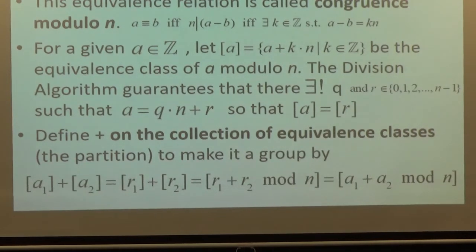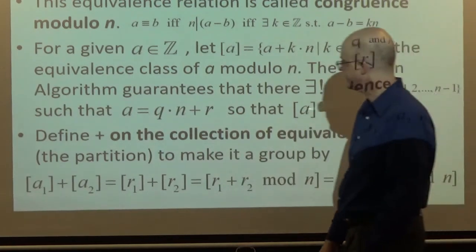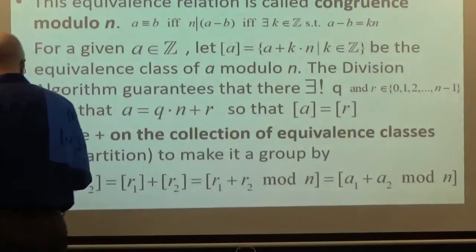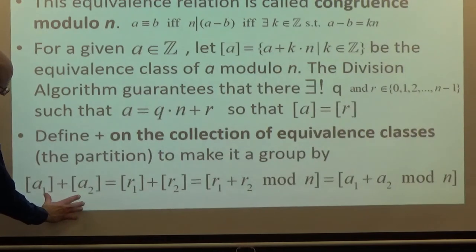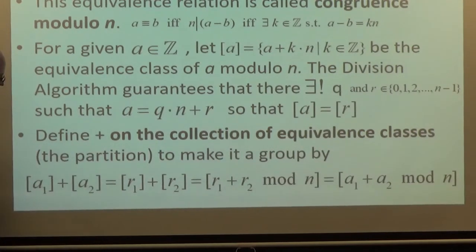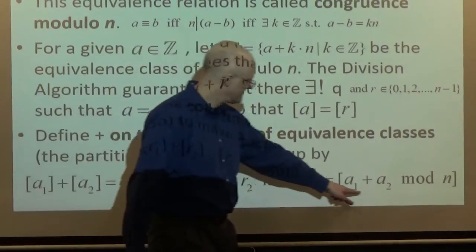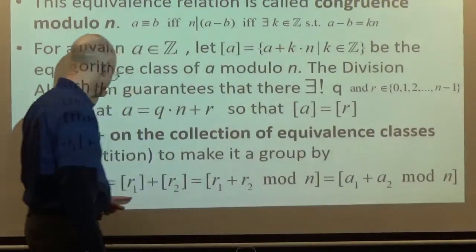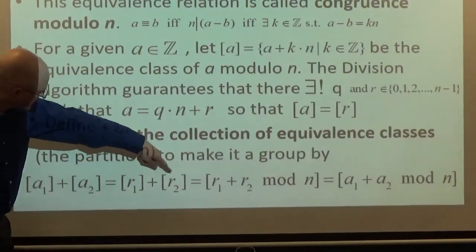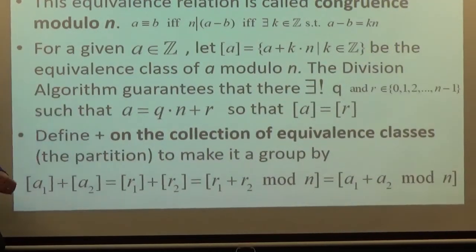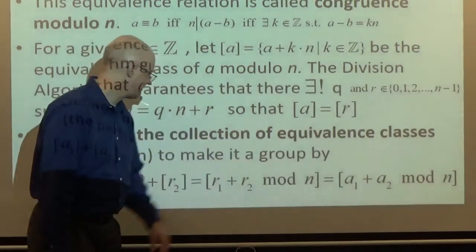You can think of it in any of these ways here. Given two equivalence classes, we can add them either by doing this, or figuring out the simplest representative, R1 and R2, by the division algorithm and doing this.